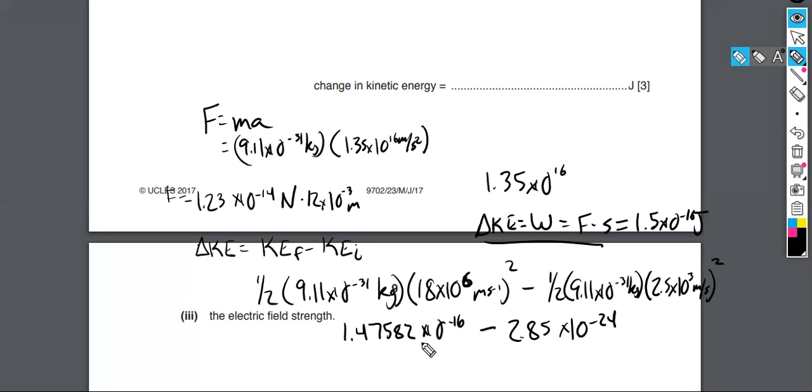And this number changes to 1.4758199. So this is way out, many decimal places out. That's the number I'm subtracting away from it.